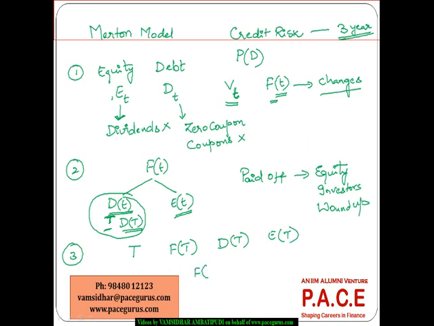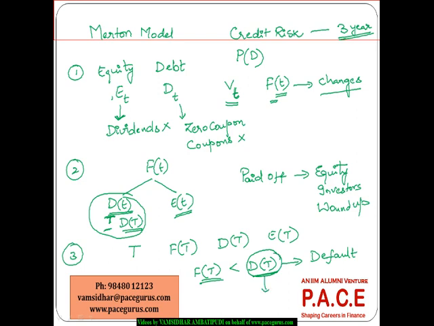Now, whenever I am seeing that the value of the firm is less than the value of the debt, that is what is associated to default. That is when I can say that the firm is going to default, because it is not able to pay the amount that it is due to its debt investors.